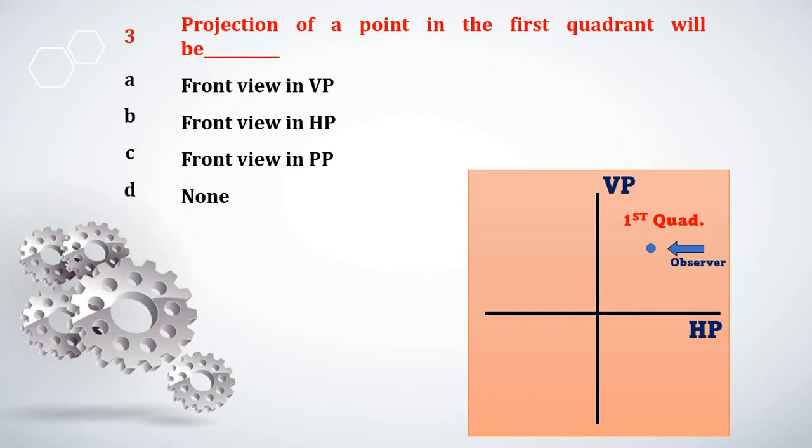So we looked from the observer's side and extended the projections with the help of reference line, and we will be obtaining the front view at VP. And if we look at the same point from the top, we will be obtaining the top view at HP. As the options are given in the form of front view, we will be seeing the front view at the vertical plane. That's why option A is the correct answer.